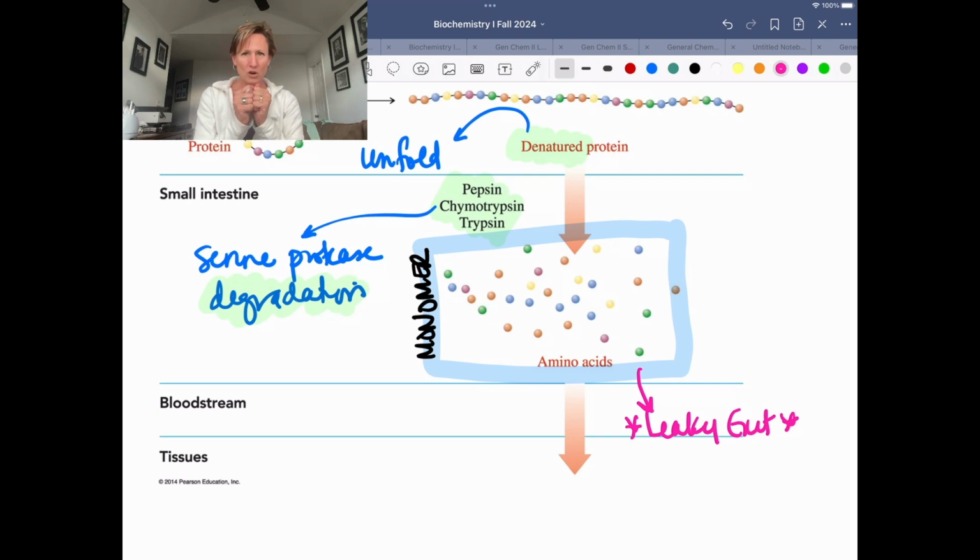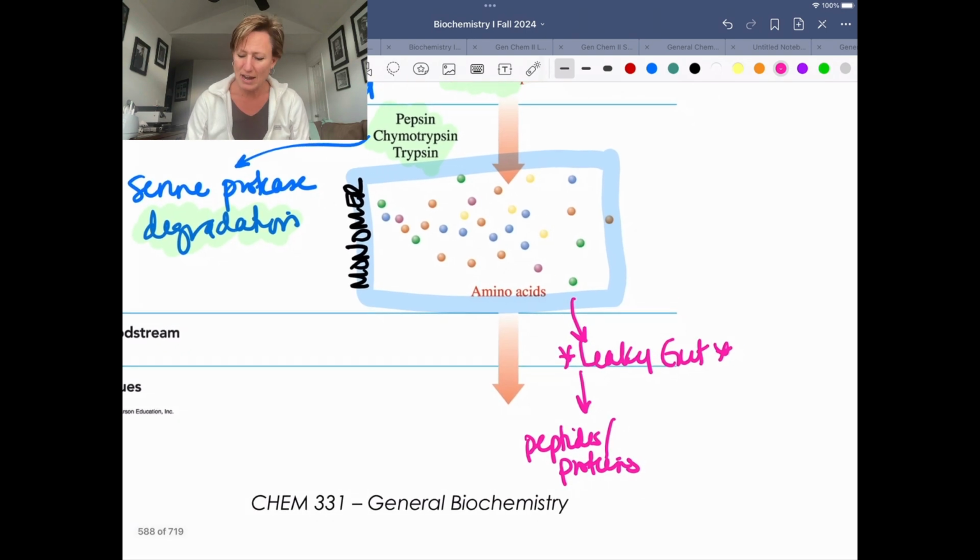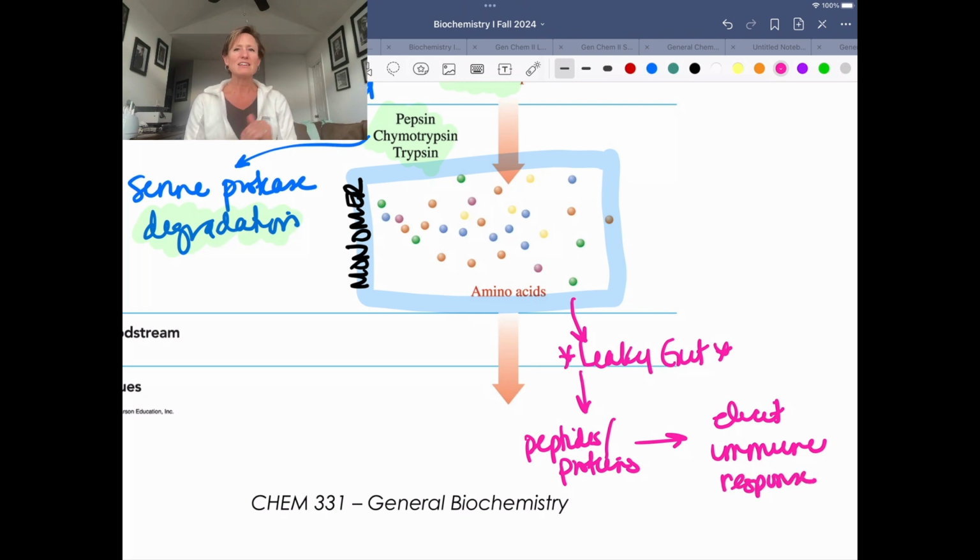And if you have foreign peptides or proteins that get into your bloodstream, that is going to cause an immune response. And for many people who have leaky gut, autoimmune is often a component to that.